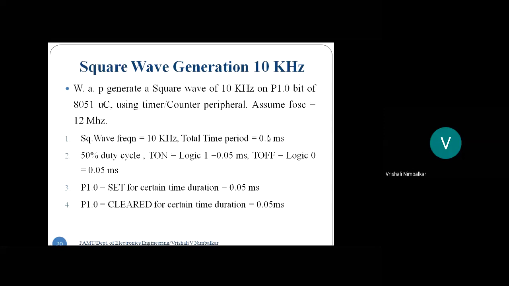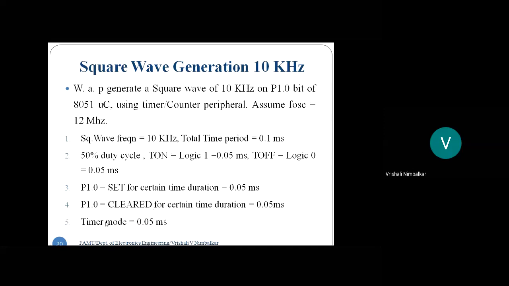They will keep logic 1 for this much time, 0.1 millisecond. The time period becomes double and the frequency becomes half. So be careful. Whatever is the total time period, half of it, that is the delay that should be generated using the timers.